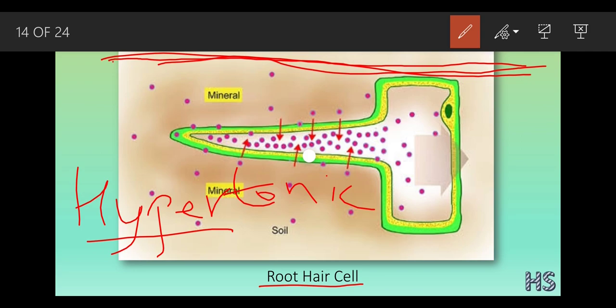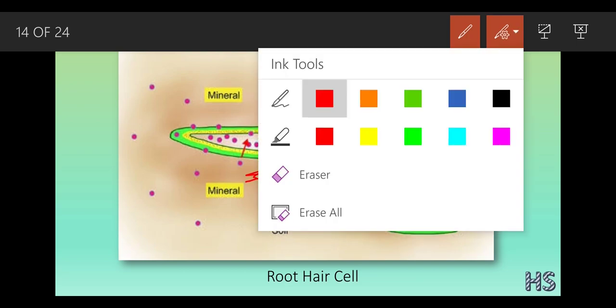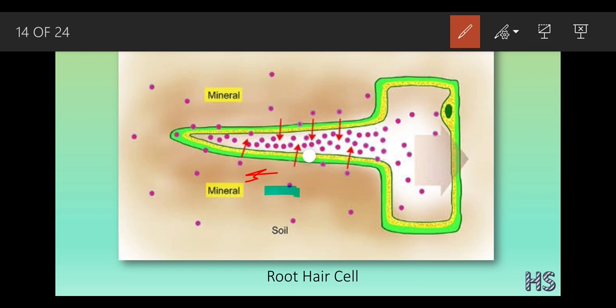What does osmosis teach us? Osmosis says movement from the higher concentration to the lower concentration. See, this is the soil and these are the minerals, and there is water also here. So what is going to happen?